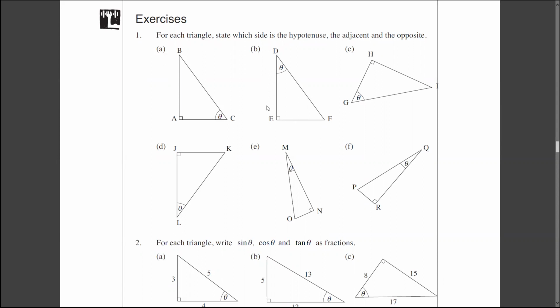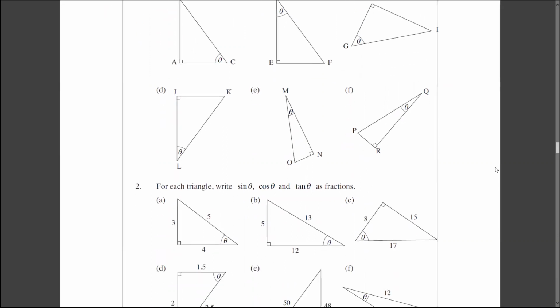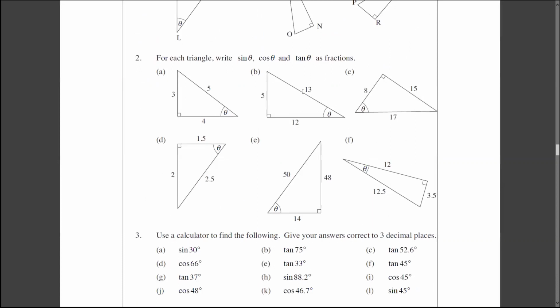This side here, D to E, is the adjacent, it runs along the angle. And of course, the longest side is the hypotenuse. The longest side here is the hypotenuse, HI is the opposite, and GH is the adjacent. You just keep doing that over and over.